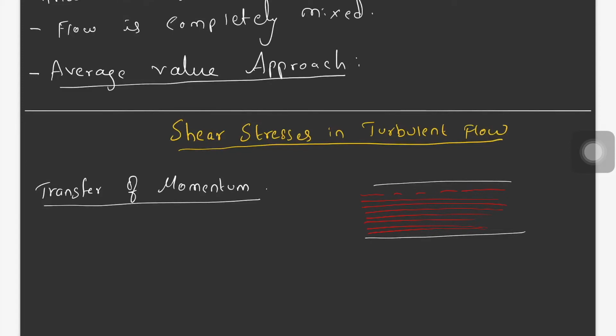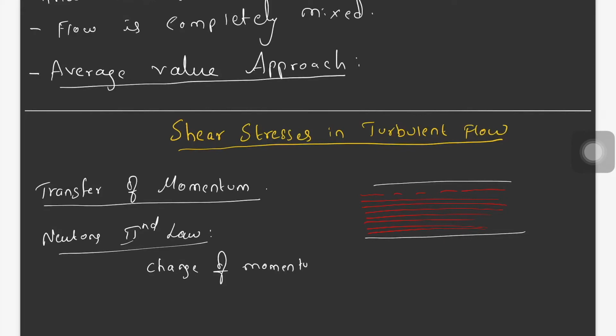According to Newton's second law, what is change of momentum? Change of momentum is equal to force applied, which means this change in momentum between these layers results in a force on the particular layer.